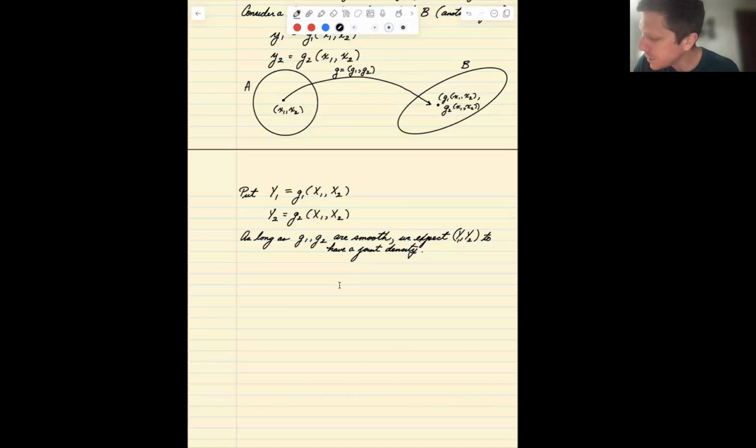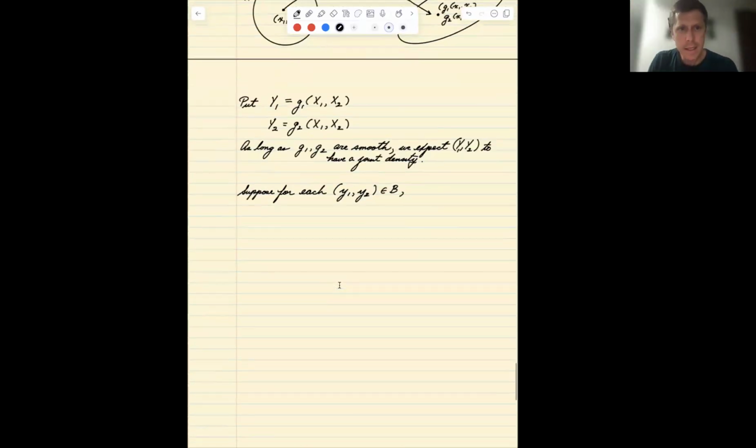So suppose for each point in the region B that y1 is g1 of x1, x2, and y2 is g2 of x1, x2. Assume that this has a unique solution.